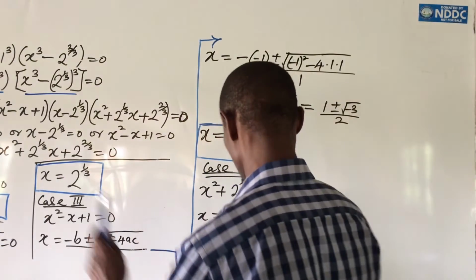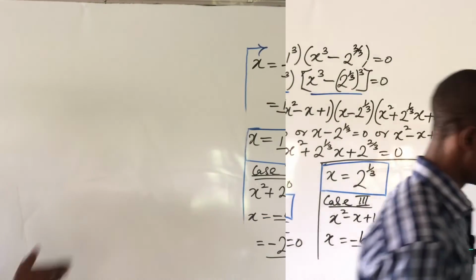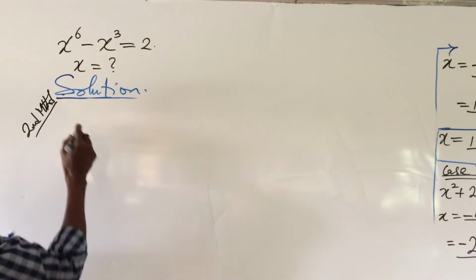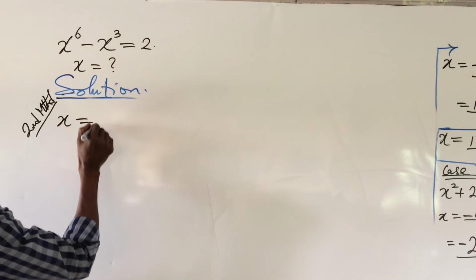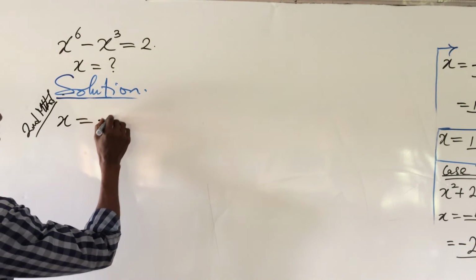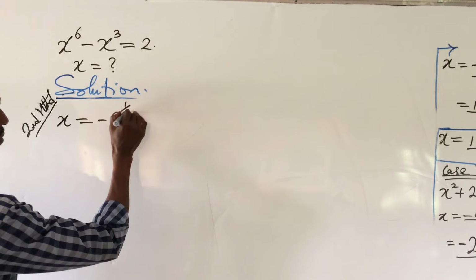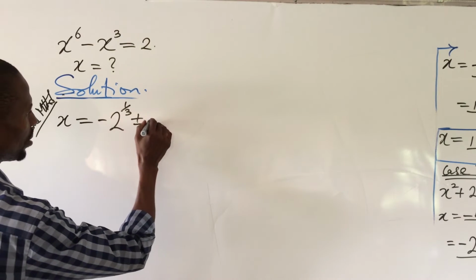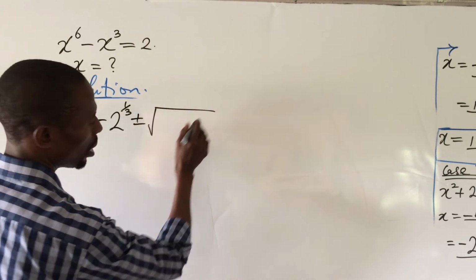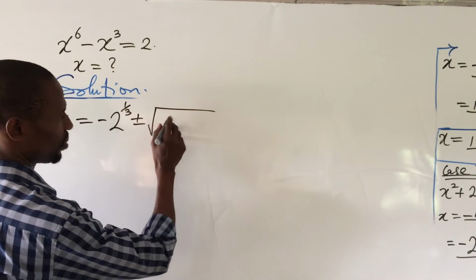Let's proceed on the other side. If we continue, we have x equal to minus 2 to the power of 1 all over 3, then plus or minus the square root of, the minus will disappear.